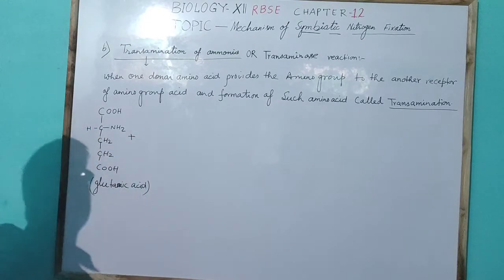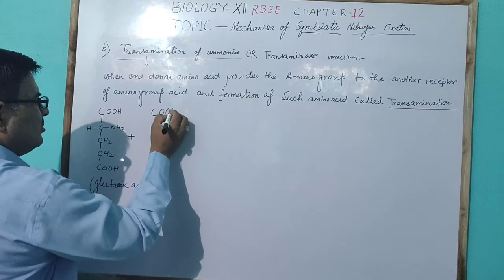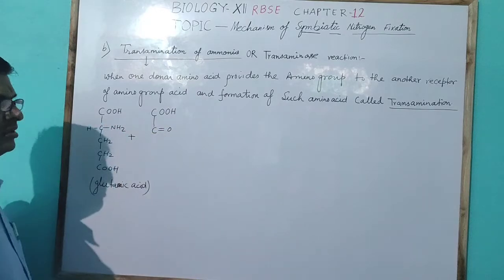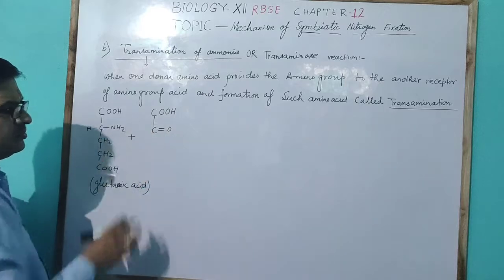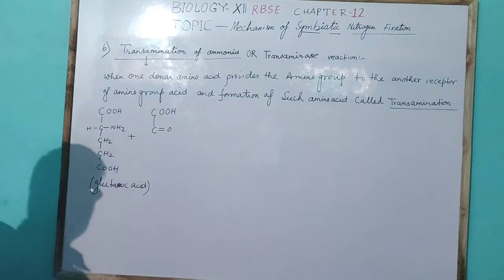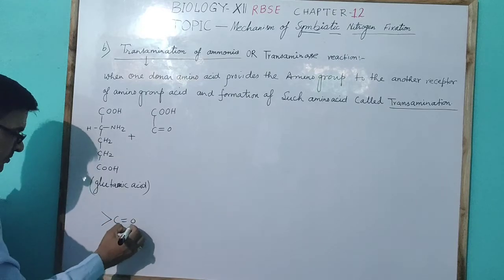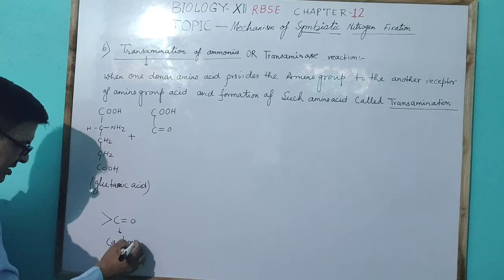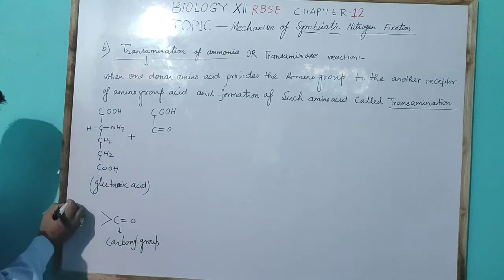When it combines with another acid which contains C double bond O, this is known as a carbonyl group.